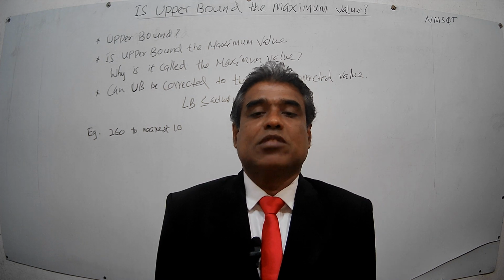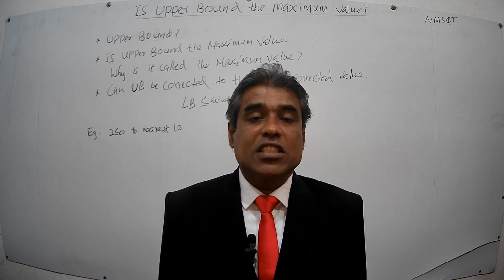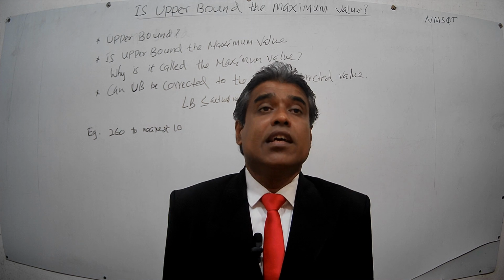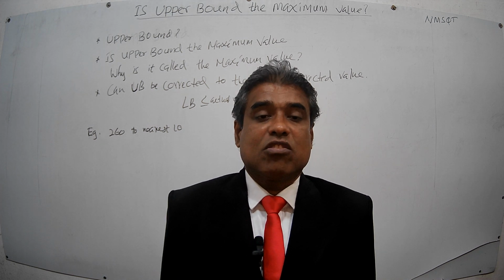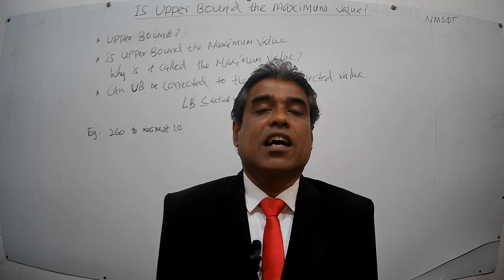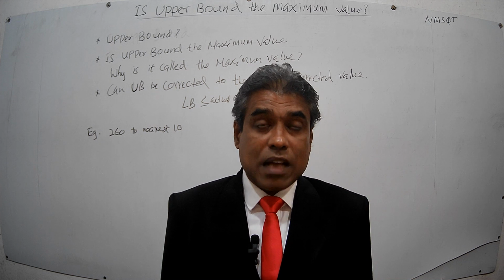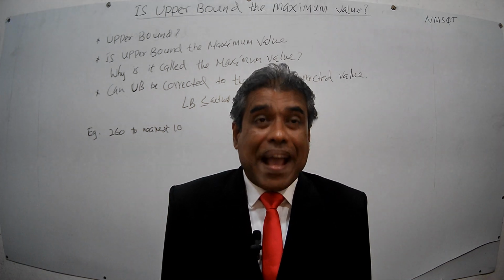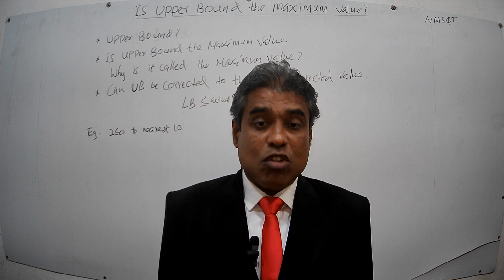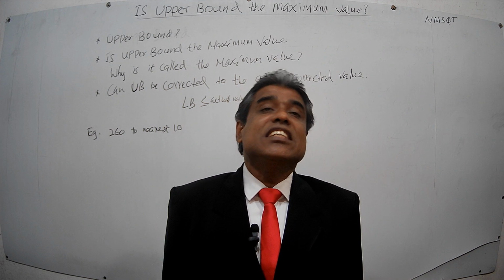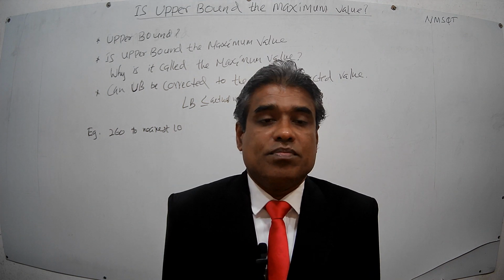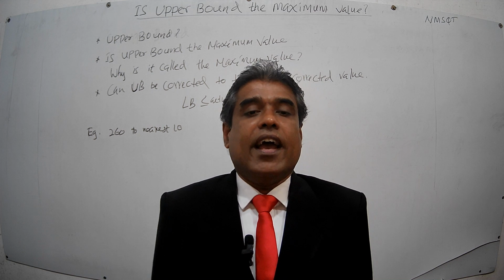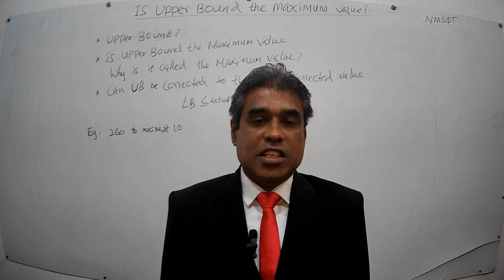Is it the maximum value that can be rounded to the given corrected value? That is the question. Although we call the upper bound the maximum value that can be rounded to the given corrected value, is it actually so? That's what we are going to discuss.